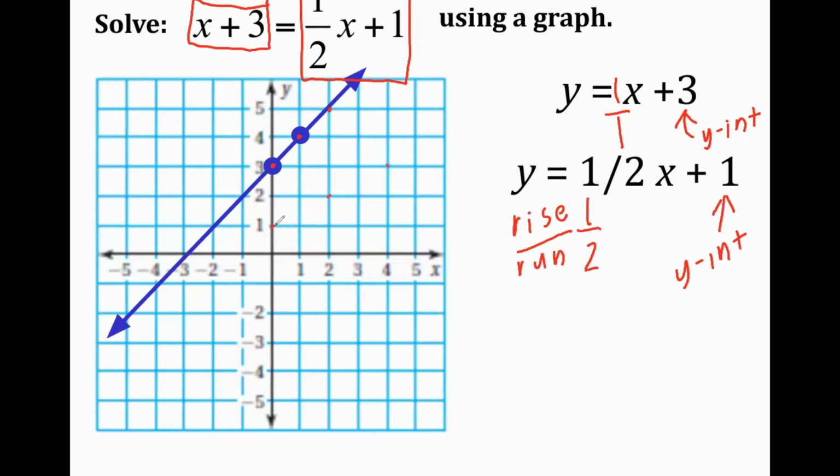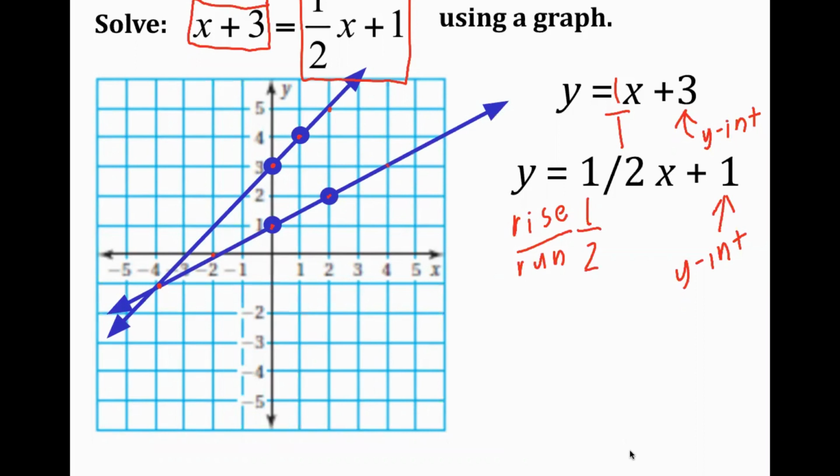However, we haven't yet intercepted our other line, so I'll go ahead and go down 1 unit and 2 units to the left, and then down 1 unit and 2 units to the left until I have hit my other line. You can see here that we've already made a point of intersection. So now that we've plotted all our points, we can go ahead and connect them.